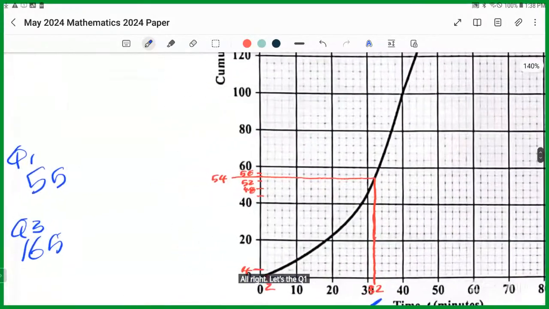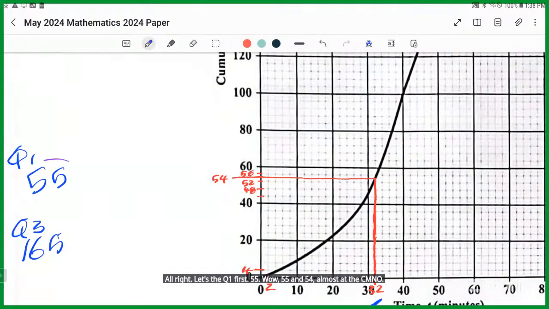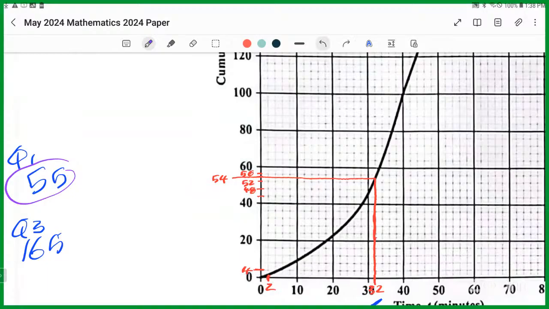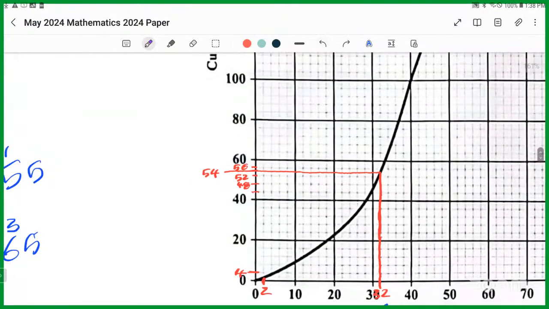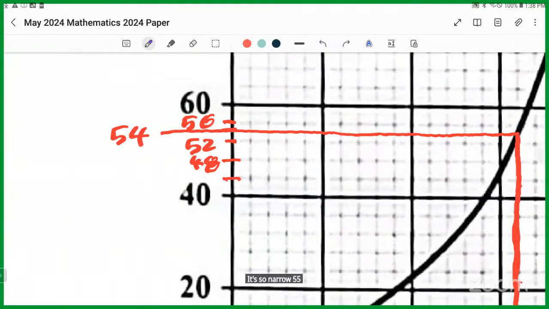Wow, 55 and 52, 54 almost are the same. This and this are almost the same, because remember the scale is so narrow. 55, you might want to put 55 here. I'm going to put the 55 there.